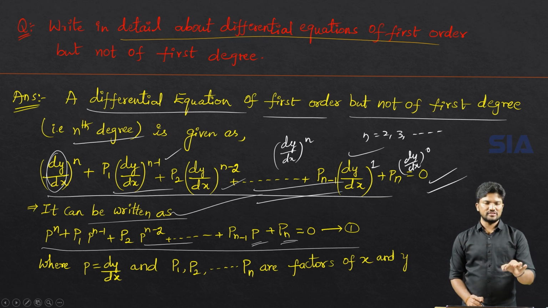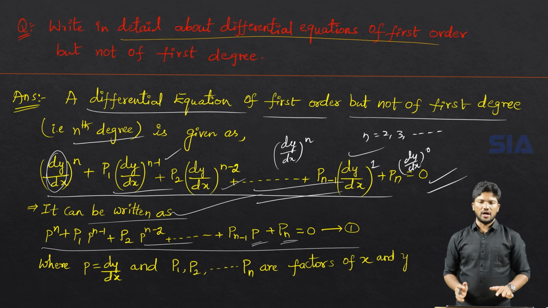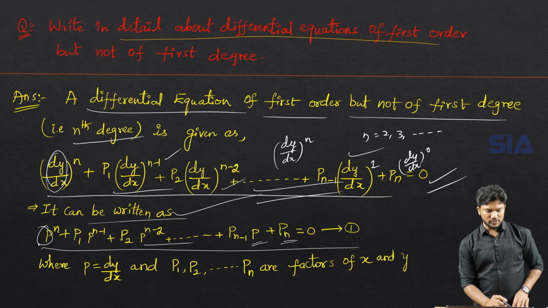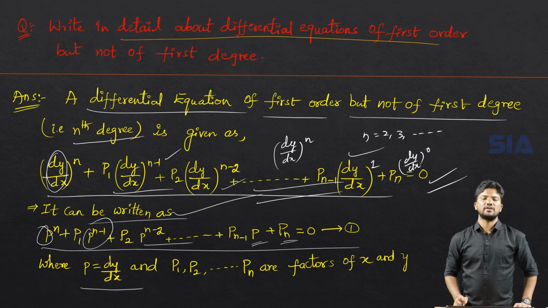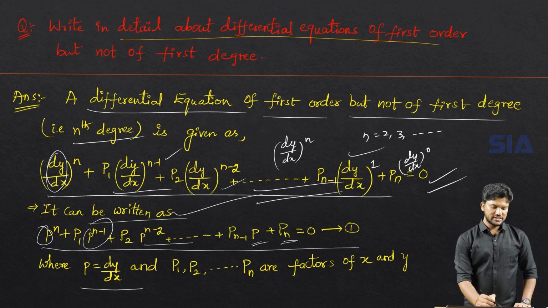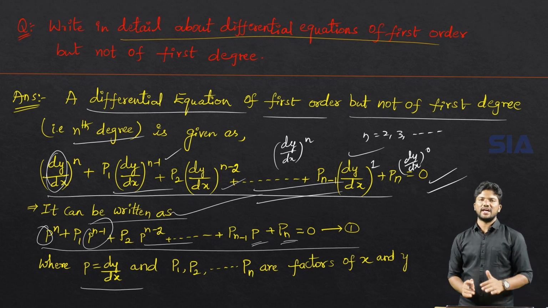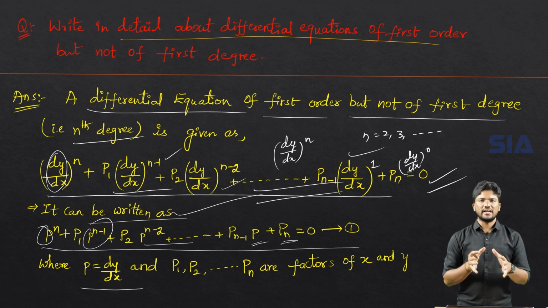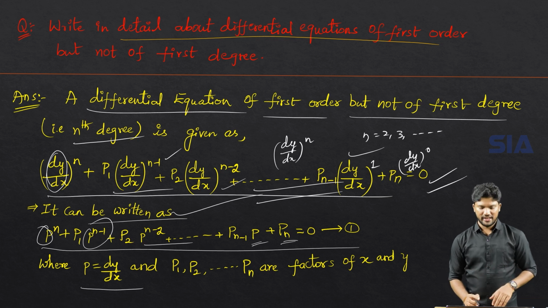Don't get confused, here there is a capital P and a small p. P suffix 1, P suffix 2 are all constants, and only the small p terms are dy by dx. Where p is equal to dy by dx, so instead of writing dy by dx every time, we indicate it with one symbolic letter, that is p. Throughout this chapter, this unit 2, p is equal to dy by dx.